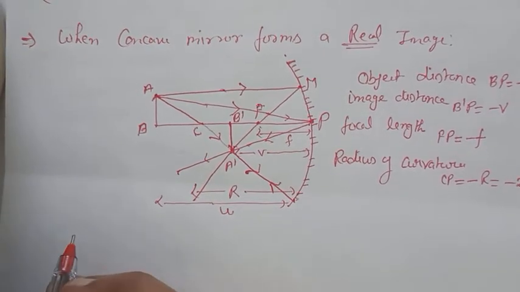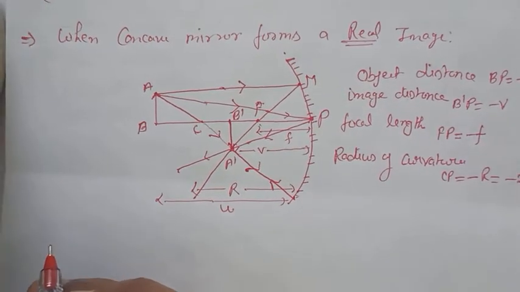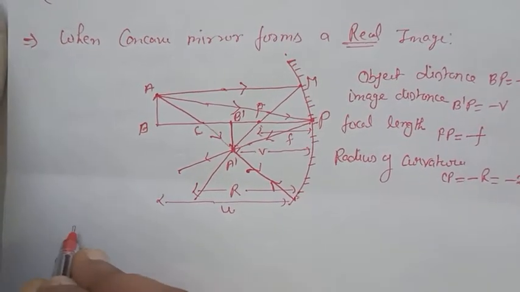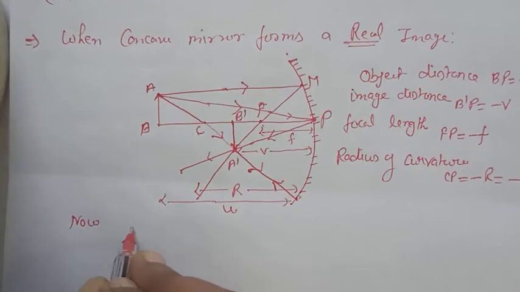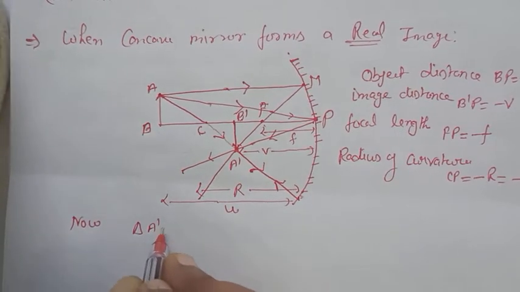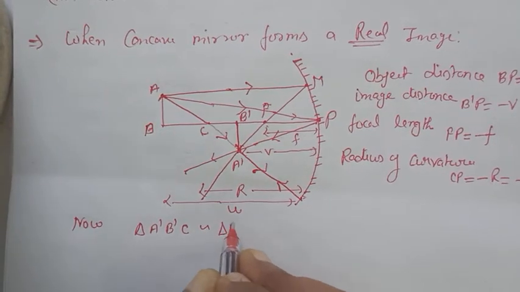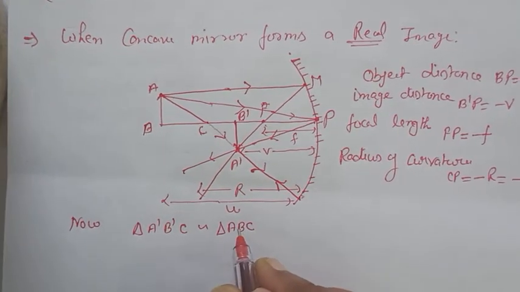Now we take two similar triangles in the above diagram. First, triangle A dash B dash C is similar to triangle ABC.